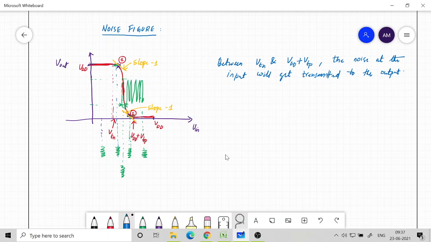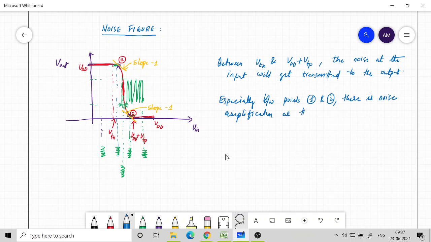So especially between points 1 and 2, there is noise amplification, because the magnitude of the slope is greater than 1.